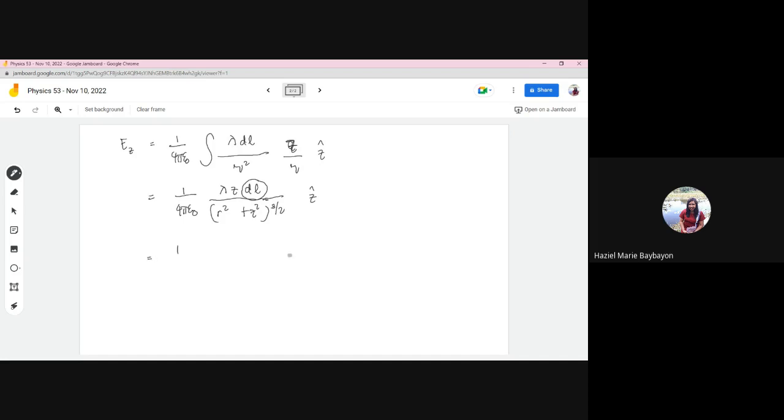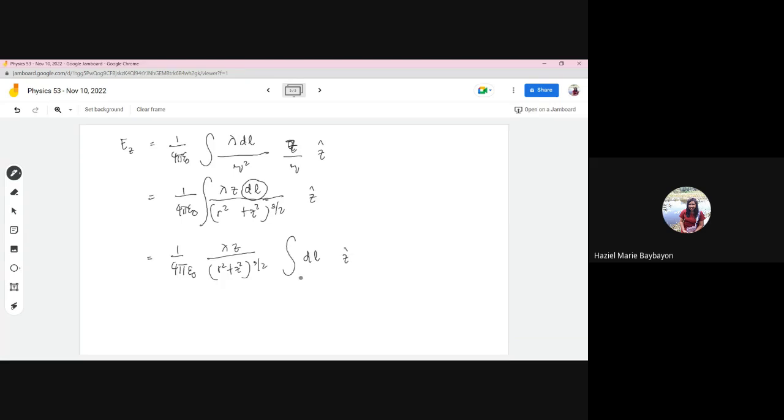So you have 1 over 4 pi. We forgot to include the integral sign. Since lambda, z, and r squared are constants, we can take them out of the integral sign. So you have lambda z over r squared plus z squared raised to the power of 3 halves, times the integral of dl, with z hat here.